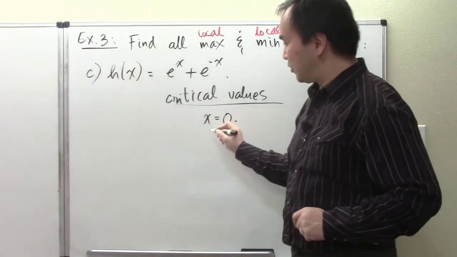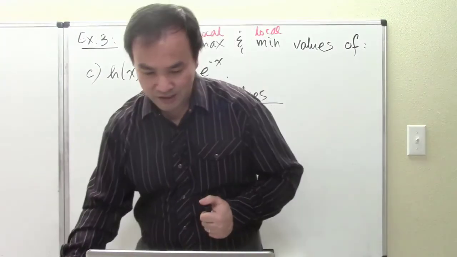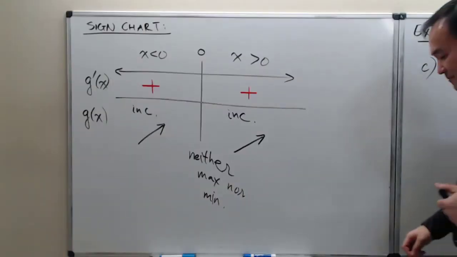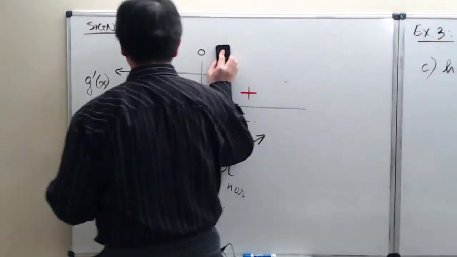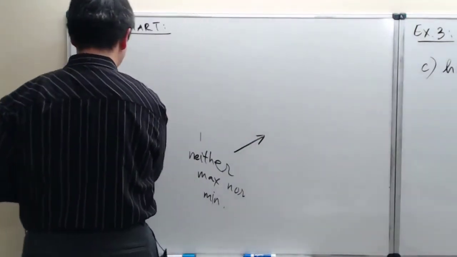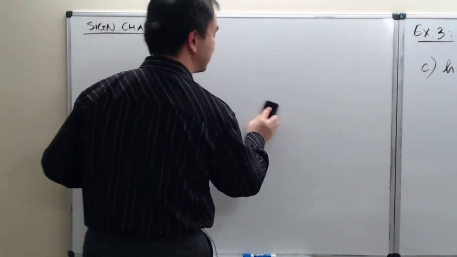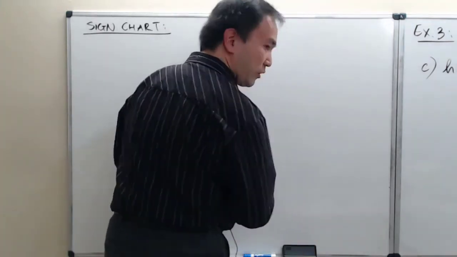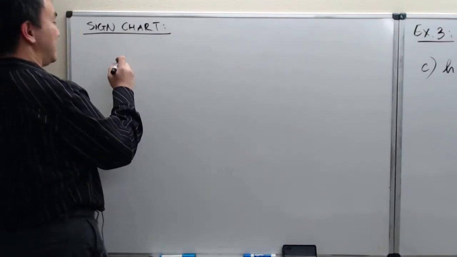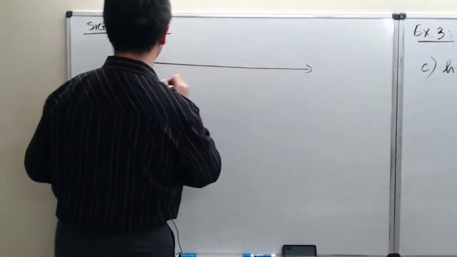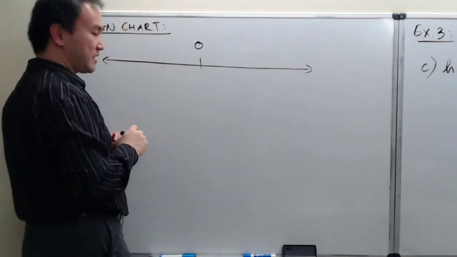So now as we came to this point, let me move on to the other board and construct a sine chart here. And this is what we found for our sine chart according to example 2. On the line of real values, 0, our only critical value, is there somewhere.